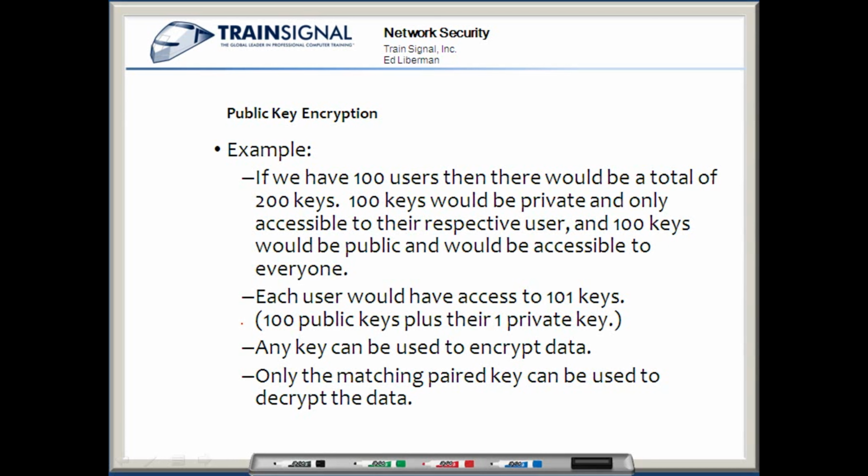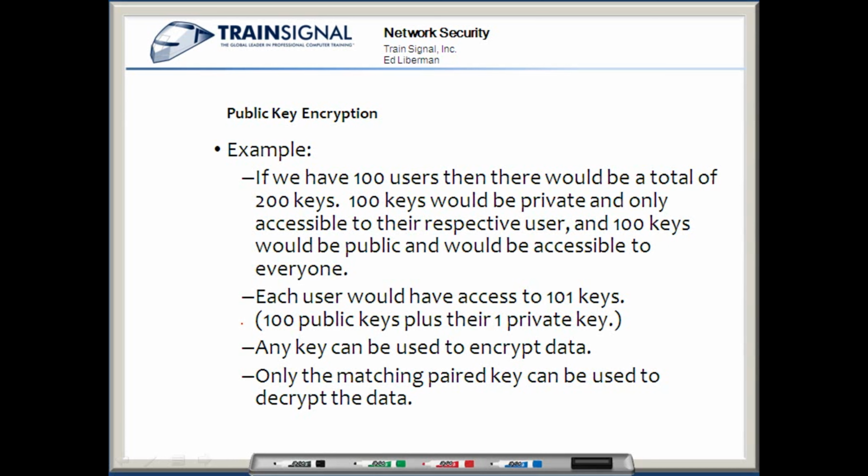Now, if I want to encrypt some data, I will tell you that any key can be used to encrypt the data. So I have 101 keys available to me to encrypt data with. That's encryption. But the decryption of the data, the accessing of the data, can only be decrypted by one key.